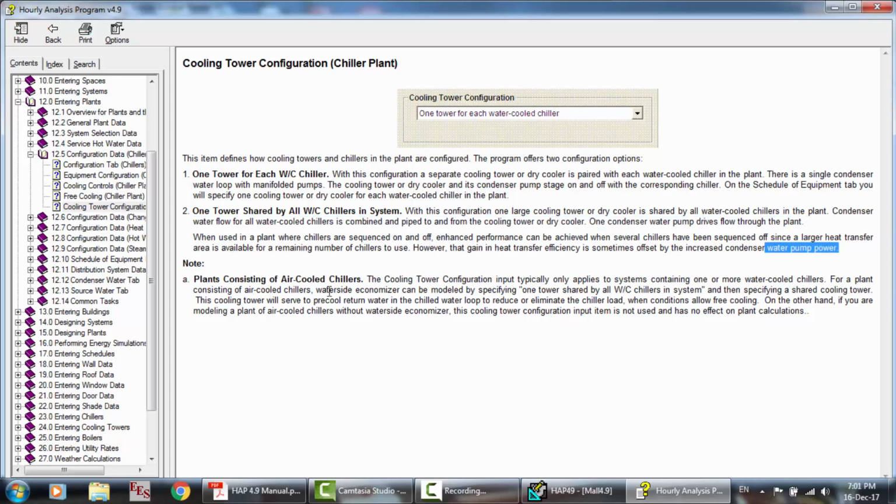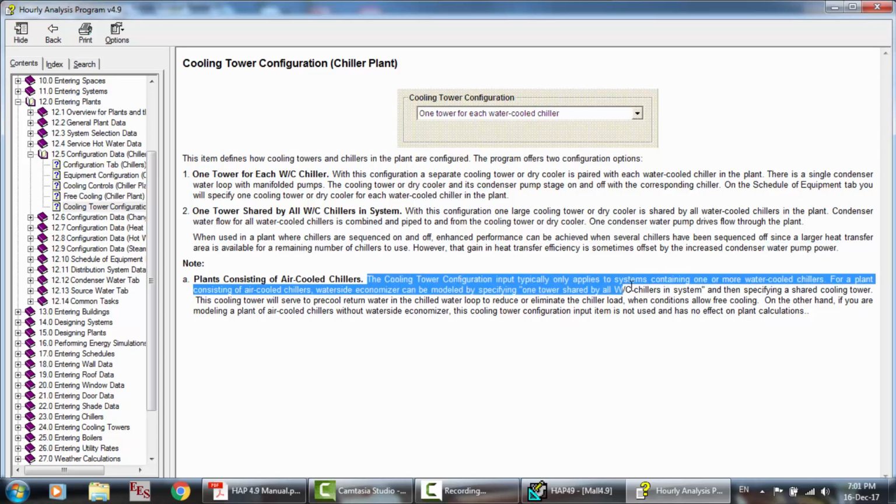So what about plants consisting of air-cooled chillers? The cooling tower configuration input typically only applies to systems containing one or more water-cooled chillers. For a plant consisting of air-cooled chillers, a water side economizer can be modeled by specifying one tower shared by all water-cooled chillers in the system, and then specifying a shared cooling tower.